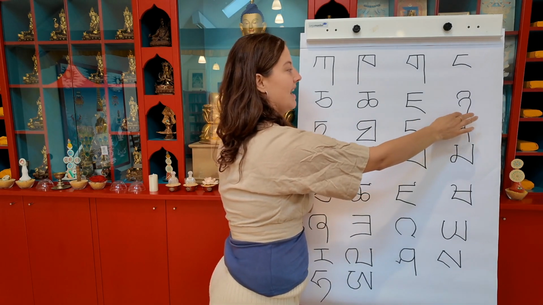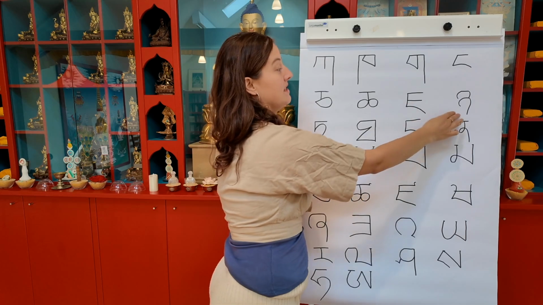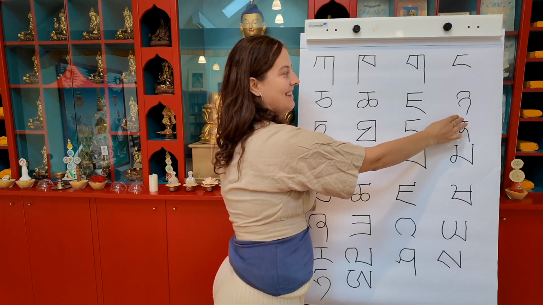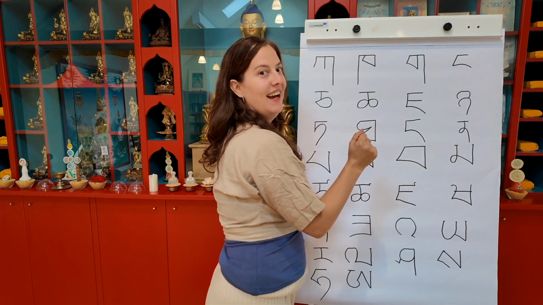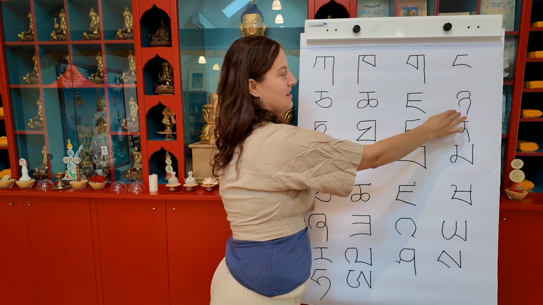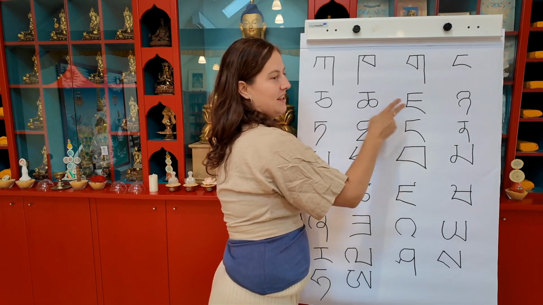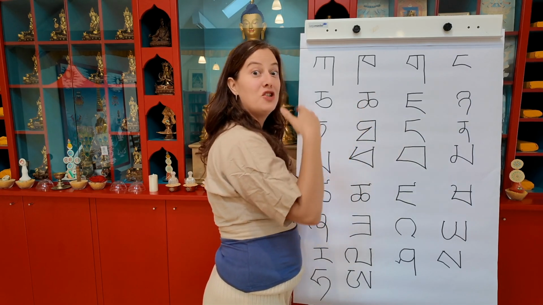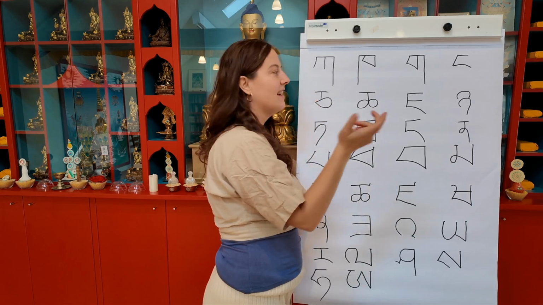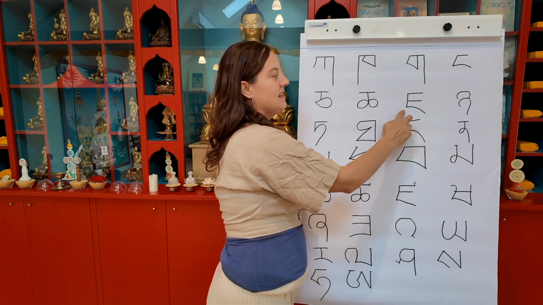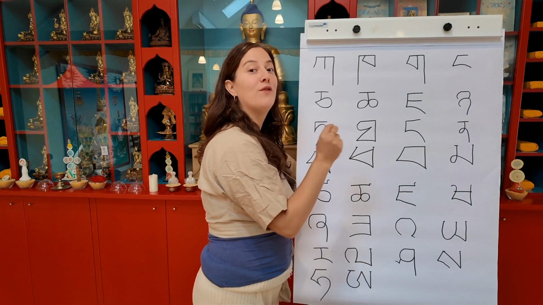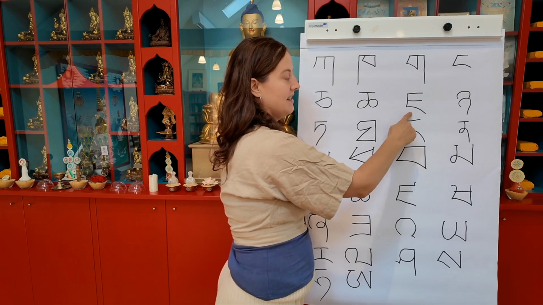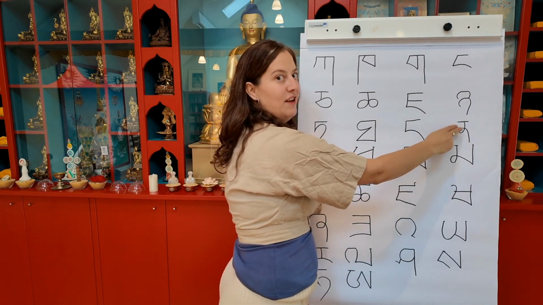Then we have the class nasal of this row, which is a nya. Nya. Nya, by the way, means fish. Nya is the fish. And cha, just a little terminology here, means tea. And if you go to India, you have the chai. Everybody knows the word chai, I think, at least many of us. This cha is the Tibetan word for tea. So already you have learned 2 words in the alphabet. Cha, tea, and nya, fish.